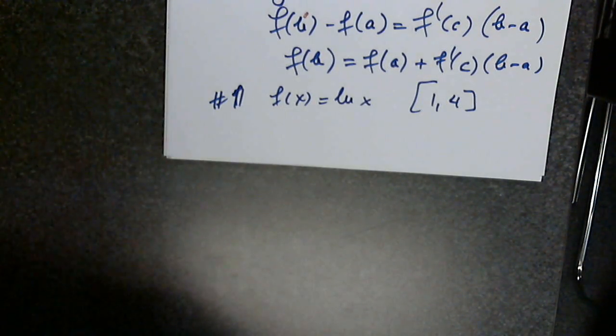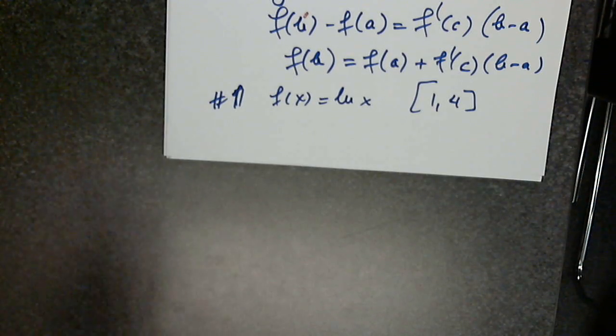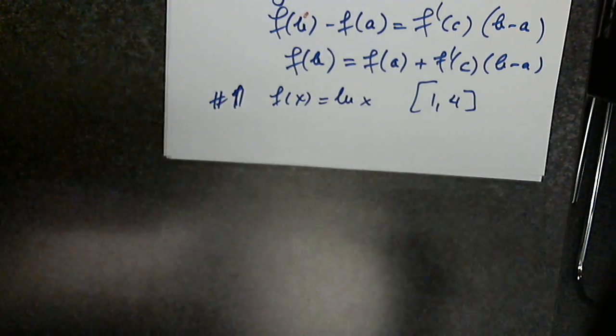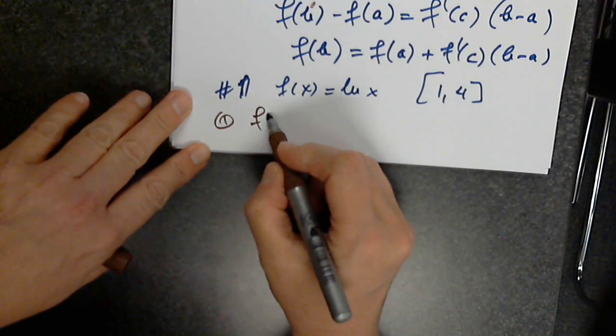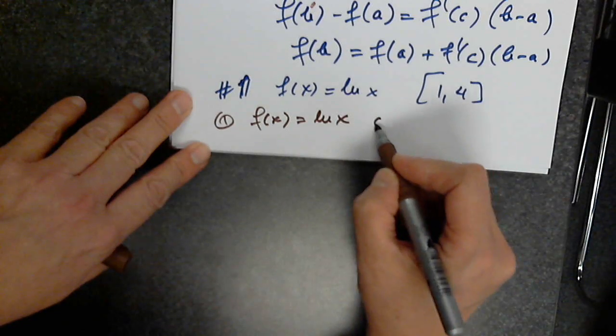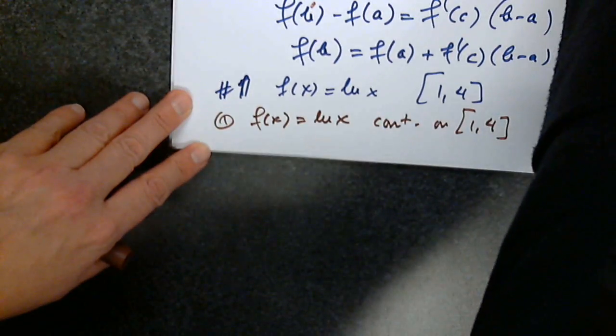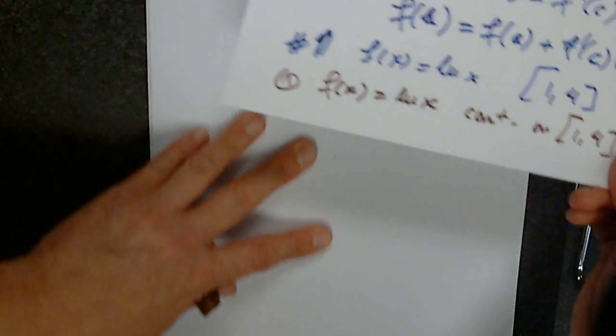So how do I start? What do I have to write first? It says apply the mean value theorem for this function on the interval 1, 4. So first I have to write it's continuous. Number 1, f of x equals natural log is continuous on 1, 4. How do I know the natural log is continuous? Natural log is continuous on all its domain.